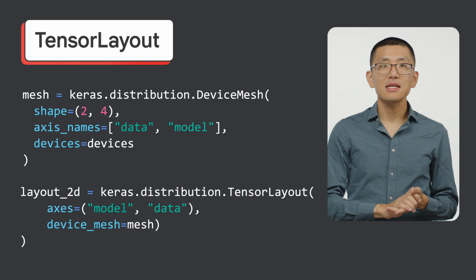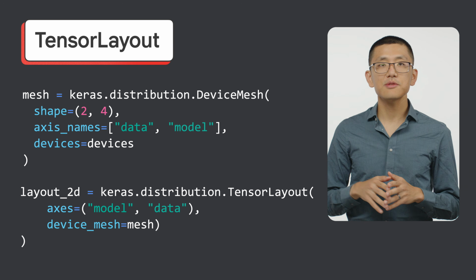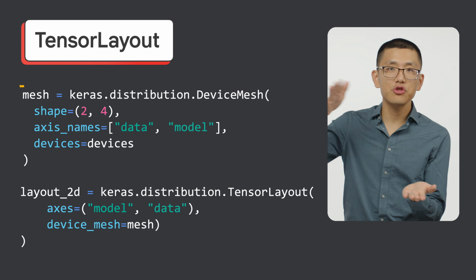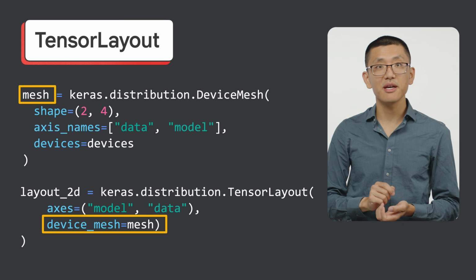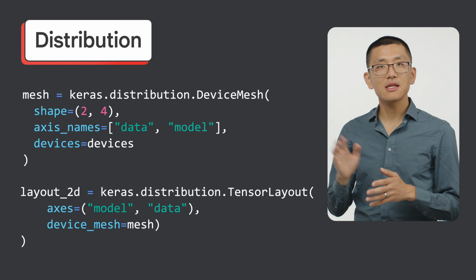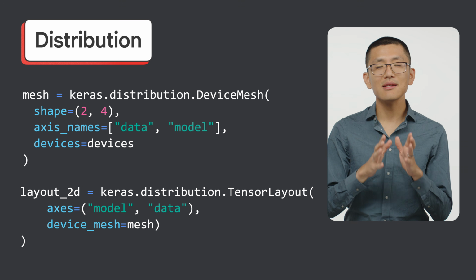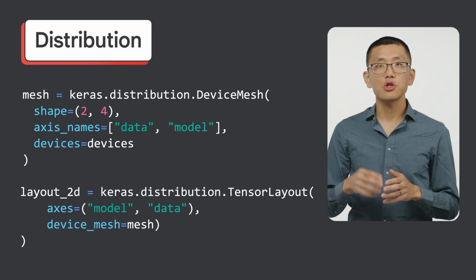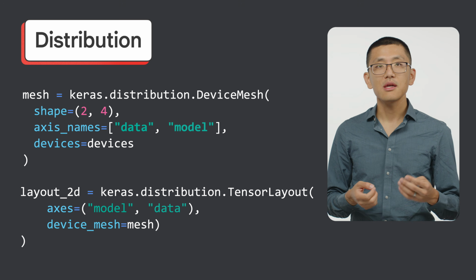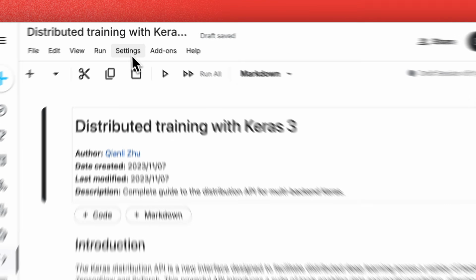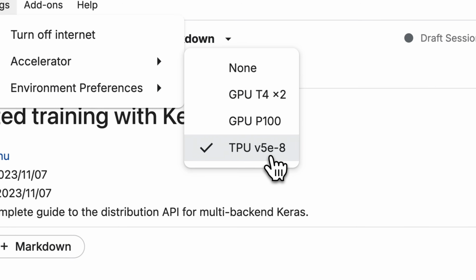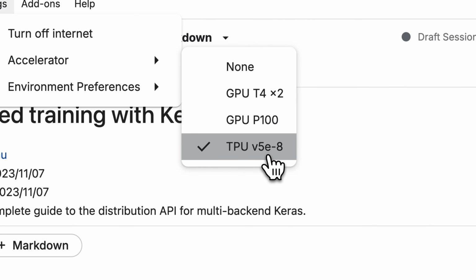Complementing the mesh is the TensorLayout class, which specifies how tensors are distributed across the axes defined in your device mesh. Here we see an example defining an 8-device cluster in a 2x4 mesh, naming the axes data and model. In Kaggle, you could select the TPU v5e-8, which would give you access to 8 TPUs.